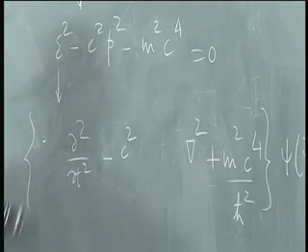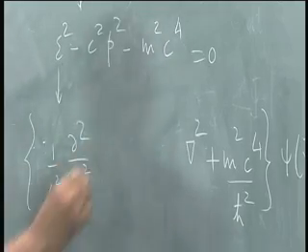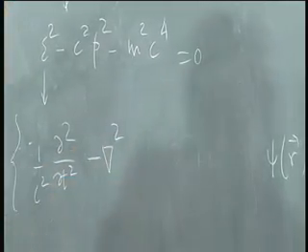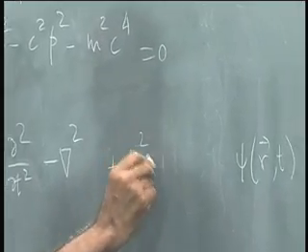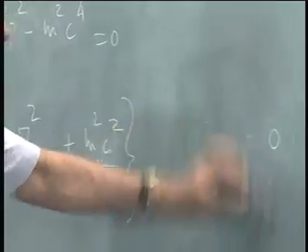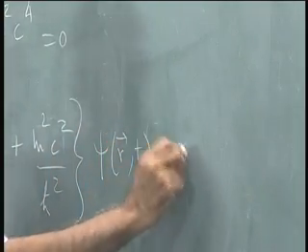And while we are at it, let us divide by c². So 1 over c² ∂²/∂t² minus del squared plus m² c² over ħ² acting on psi of r comma t equal to 0.